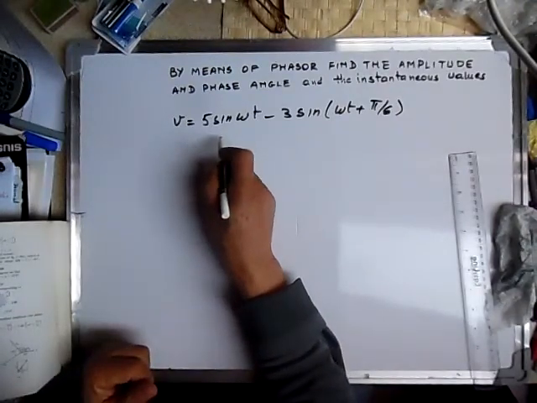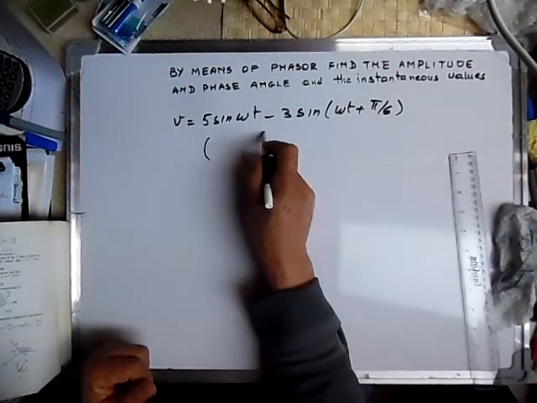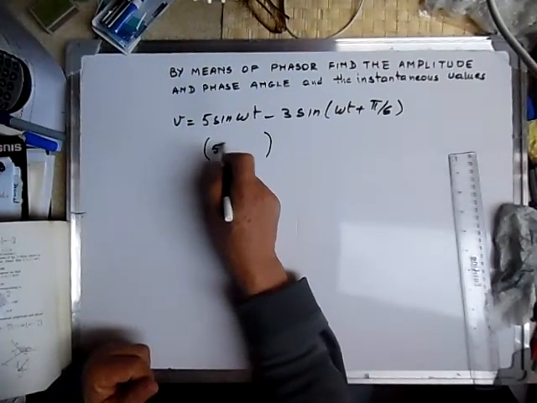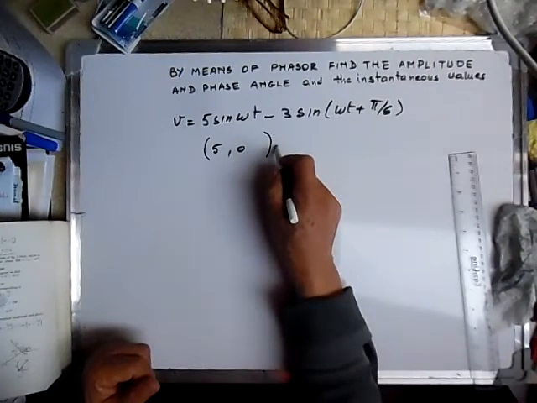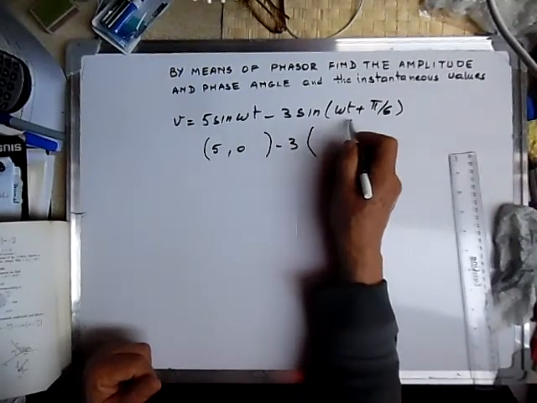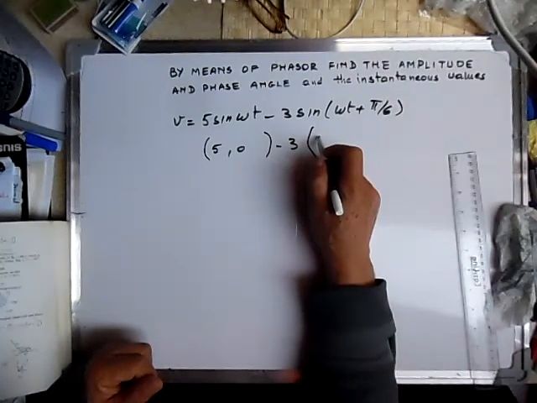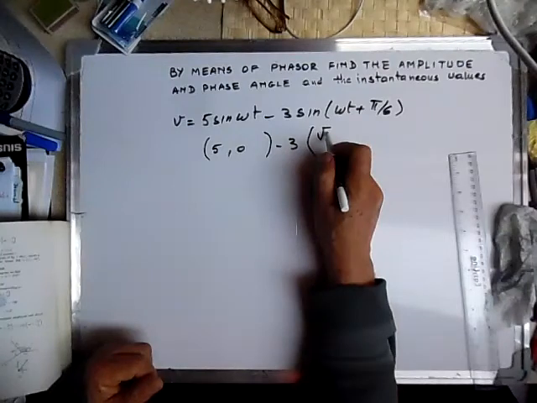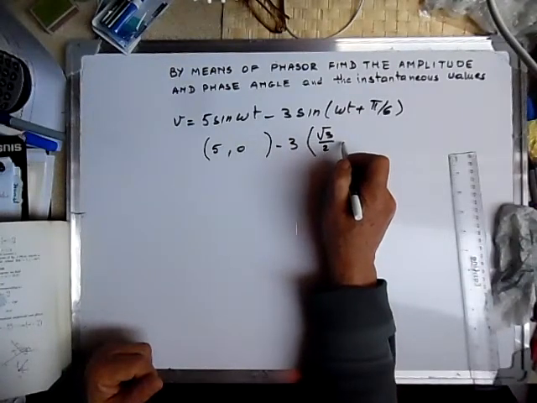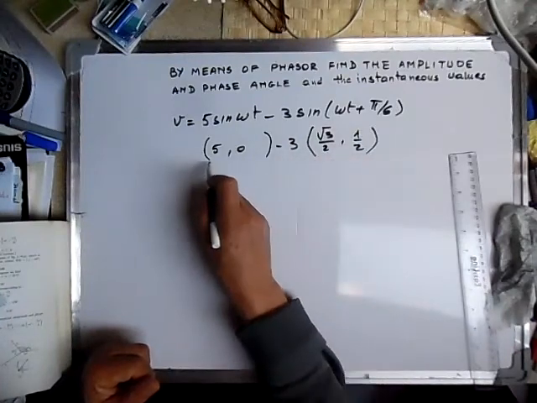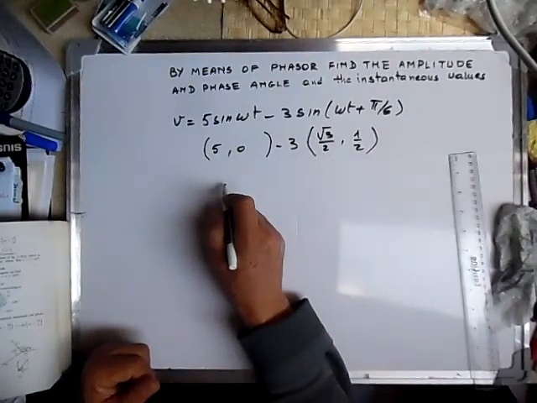So let's write the real part of this vector, 5, is 5, 0, minus 3. The real part is cosine pi over 6, which is square root of 3 over 2. Sine is 1 over 2, so we add the real parts.